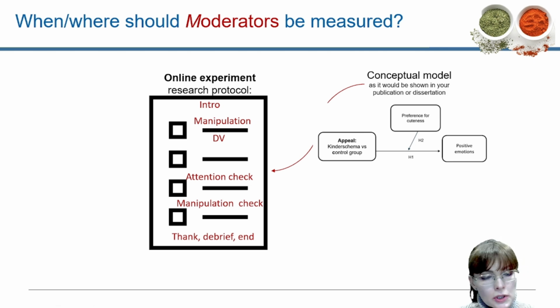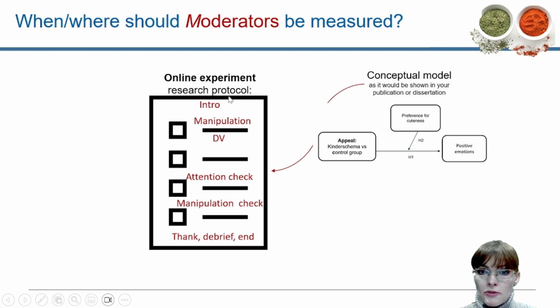Now, to make all of this work, you need to collect your data, which means you need to develop a research protocol for your experiment. I have already started talking about it in another video on this channel, where I talked about the sequence of questions to be asked. It was covered in the manipulation check video, where I also talked about attention checks and conscientiousness checks. Now I'm sticking with a scenario of having an online experiment.